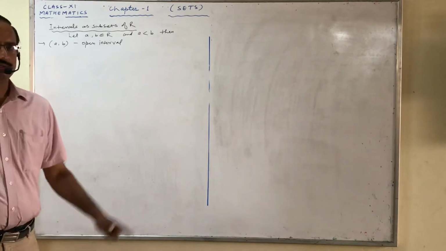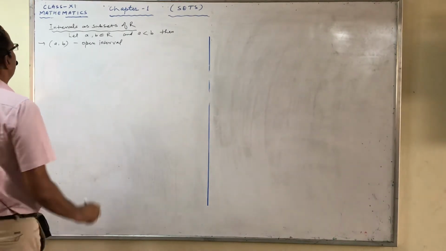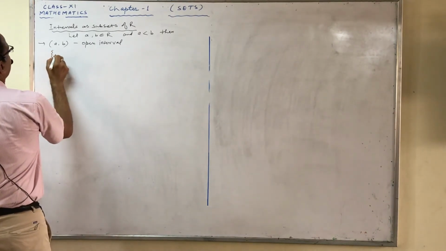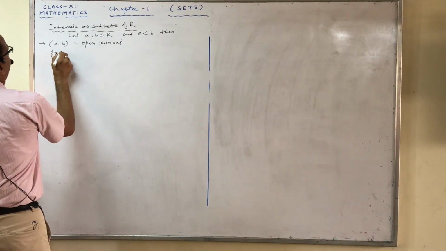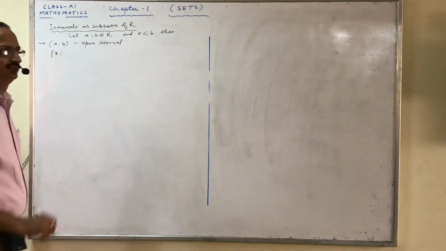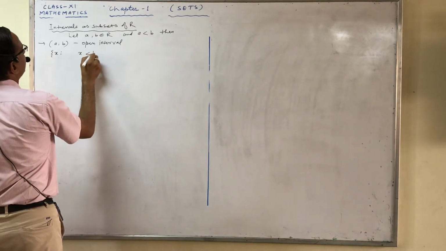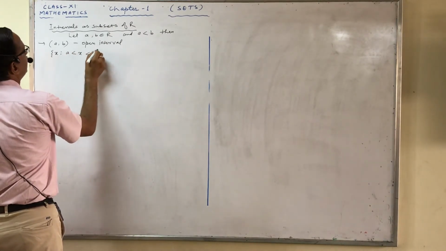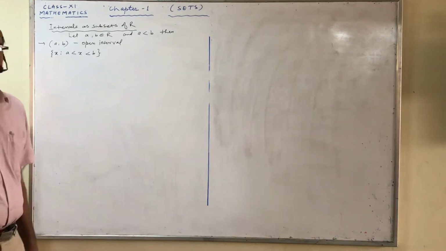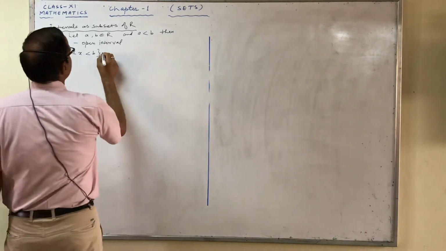If we write this in the set builder form, then we can write x such that x is less than B and greater than A. This is set builder form.